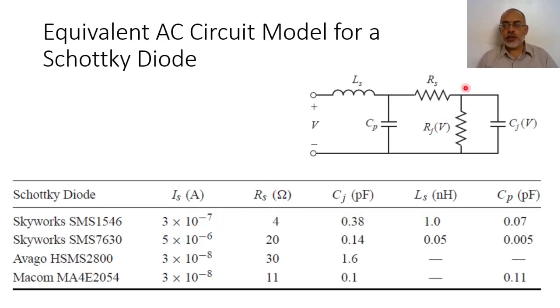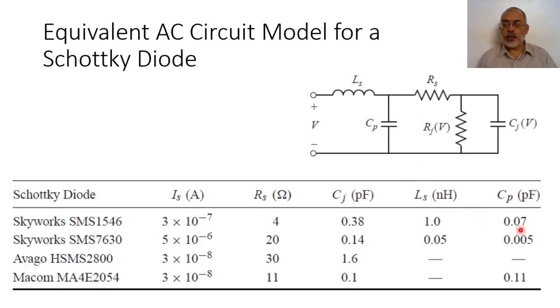The series resistance is 4 ohms. The junction capacitor is 0.38 picofarad. And the series inductance due to the packaging is around 1 nanohenry. And the parasitic capacitance due to the packaging is 0.07 picofarad.